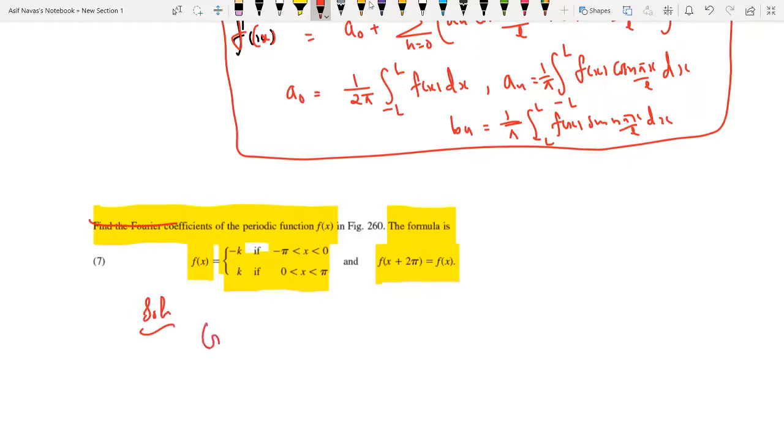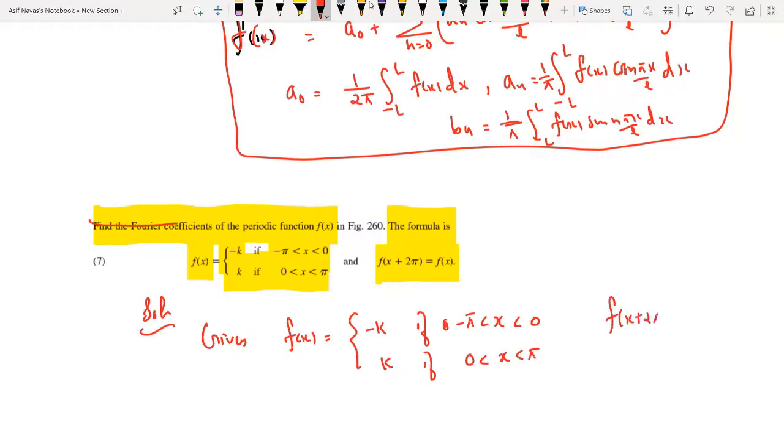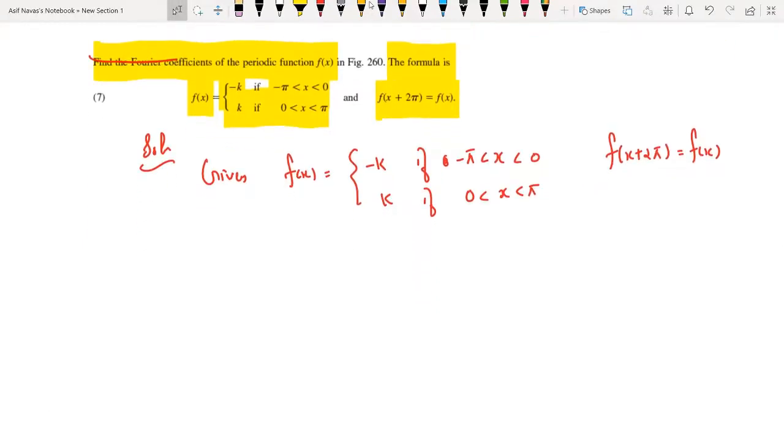So given, we have f of x is equal to minus k if minus pi less than x less than 0, and k if 0 less than x less than pi. And given that f of x plus 2 pi is equal to f of x. Now first we will find the formula.